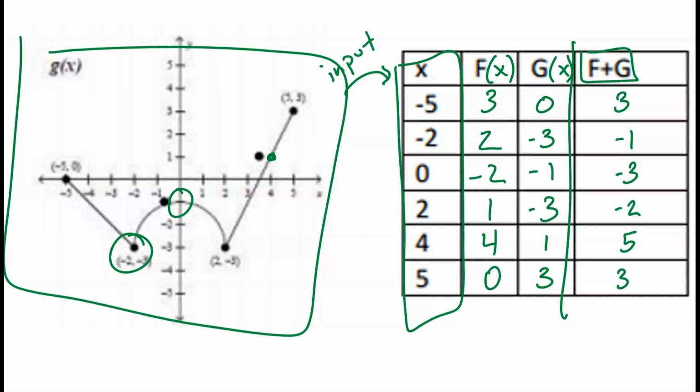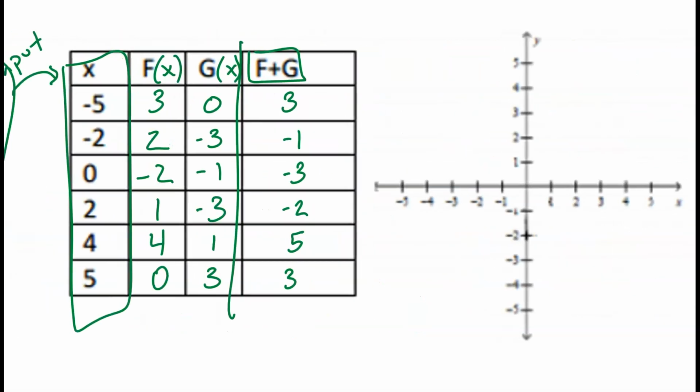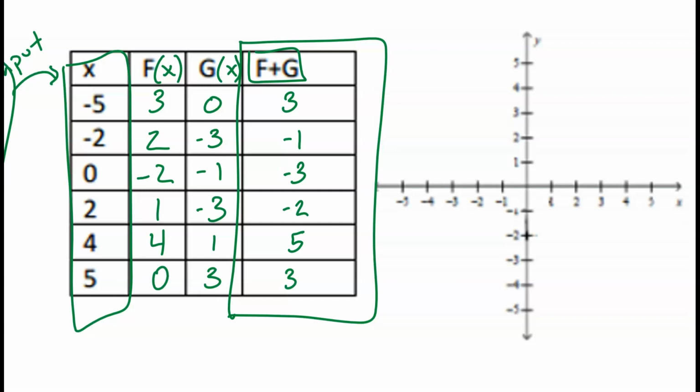And then we are going to be asked to graph the combination. So we're using the same input of x. That's what we're graphing as our x values. But our y values are the combination that we just found.